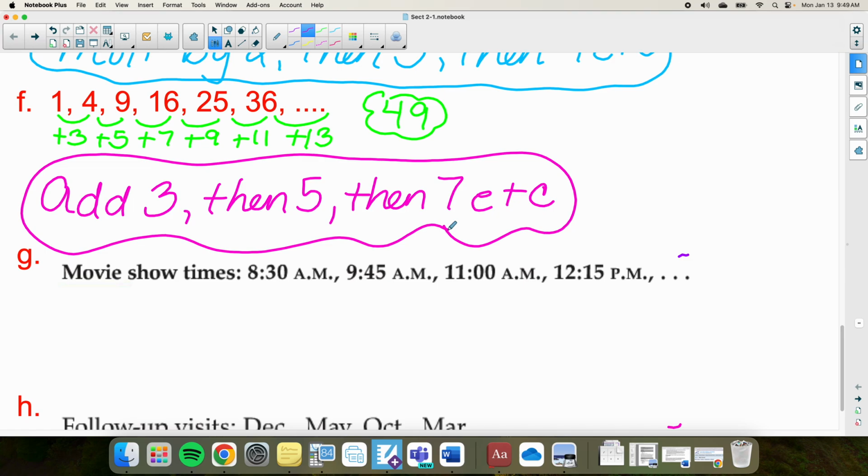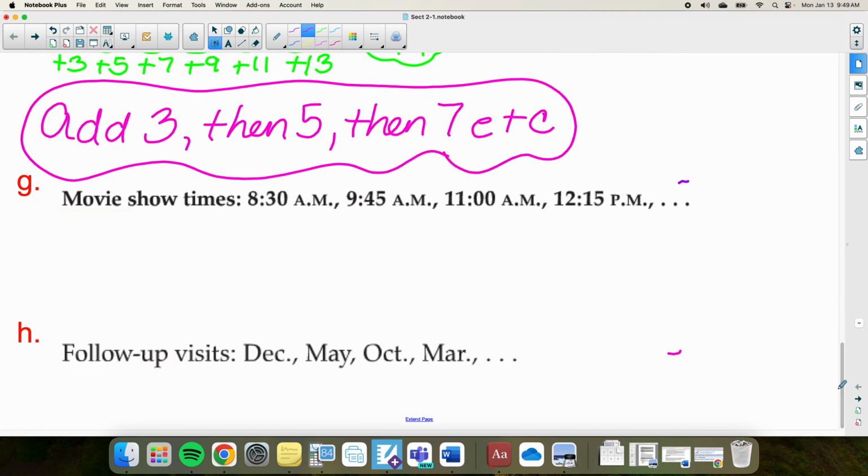Right? Then if I look down here, it says movie show times. So first one is at 8:30 a.m., then 9:45, then 11, and then 12:15. Can you guys tell how much time is between shows? An hour and 15. An hour and 15 minutes. So our next show would be at what? What's an hour 15 minutes after 12:15? 1:30.